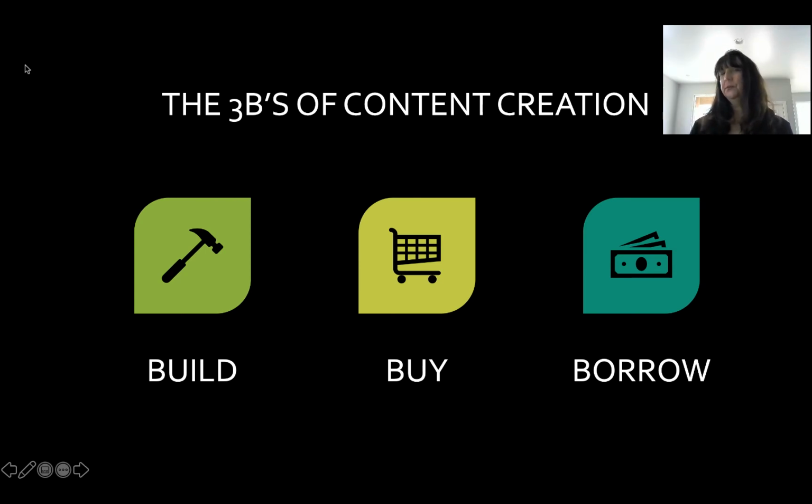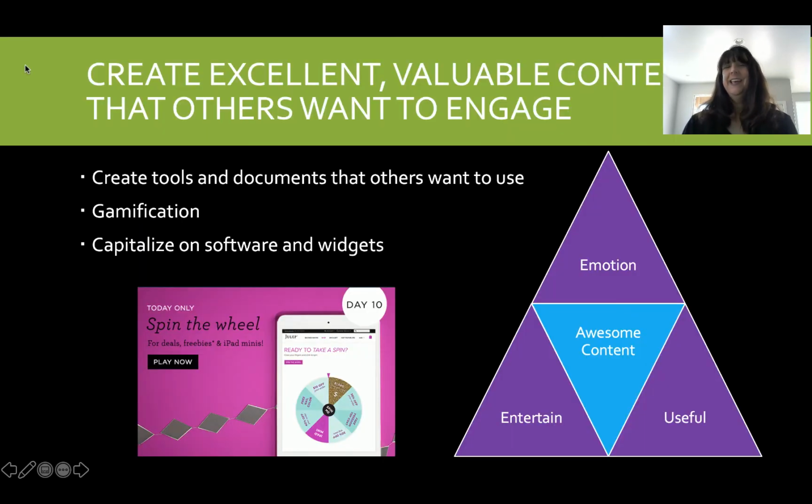So those are the 3 types of content creation I want you to think about as you're building your own integrated marketing communications plan with your content strategy. So let's look at some types of content. What's really important as you look to your target audience, and we've spent a lot of time creating stories and talking about the importance of copywriting and messaging and imagery.